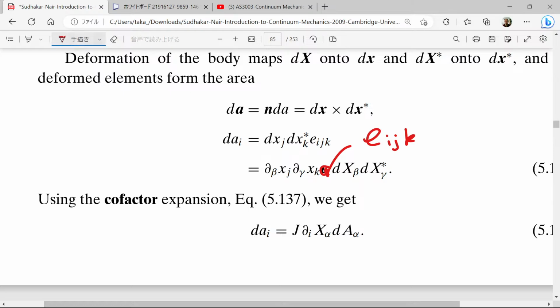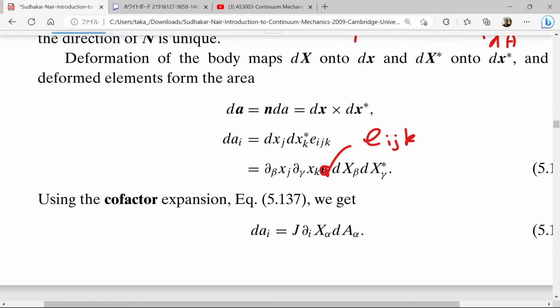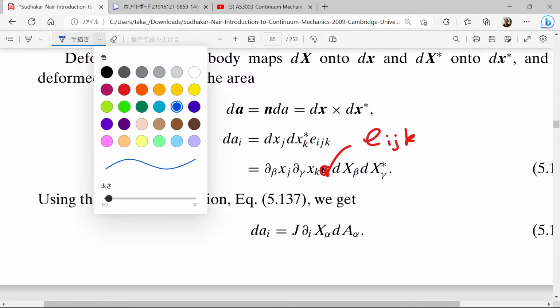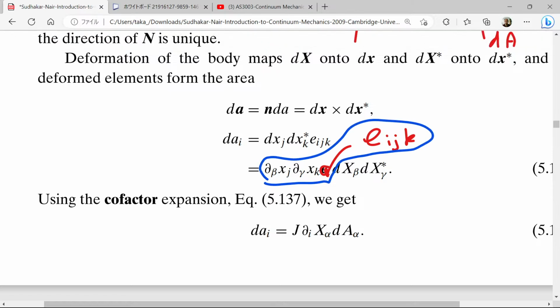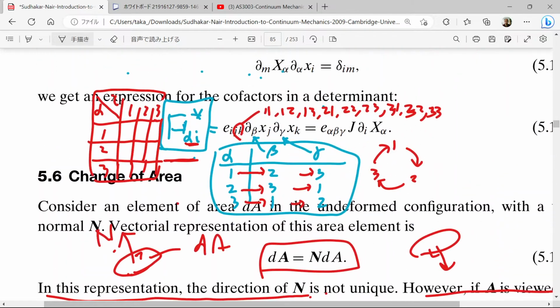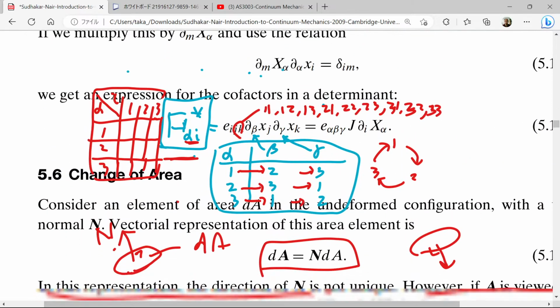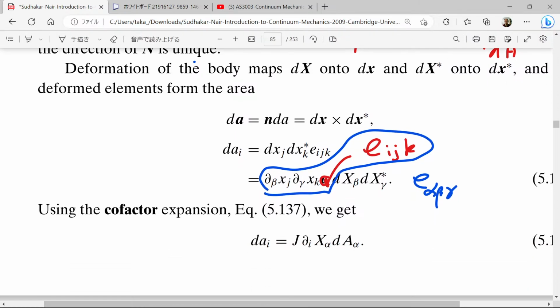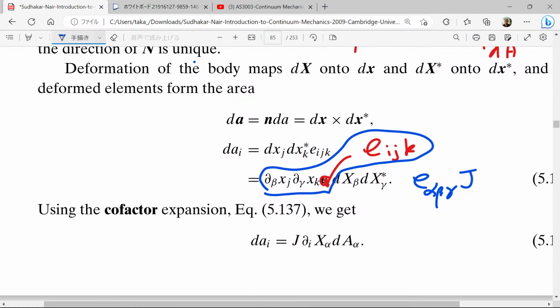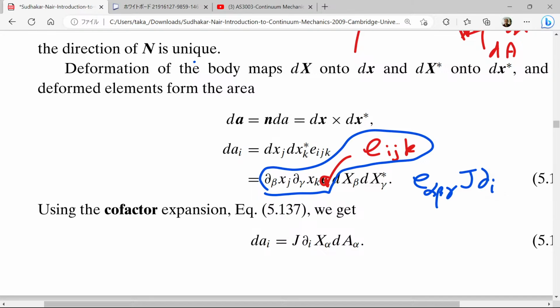Isn't this strange? So this whole thing has to be this way. This thing has to be epsilon alpha beta gamma, if I remember correctly, J, partial I, X alpha.